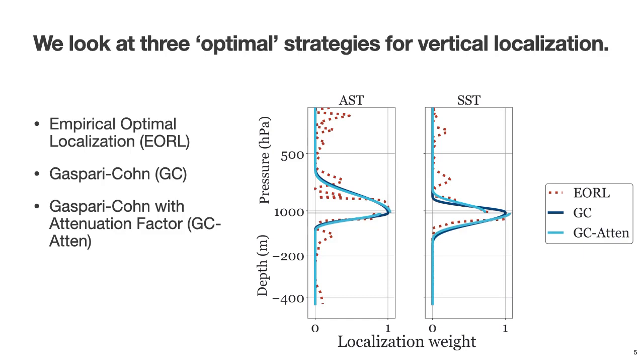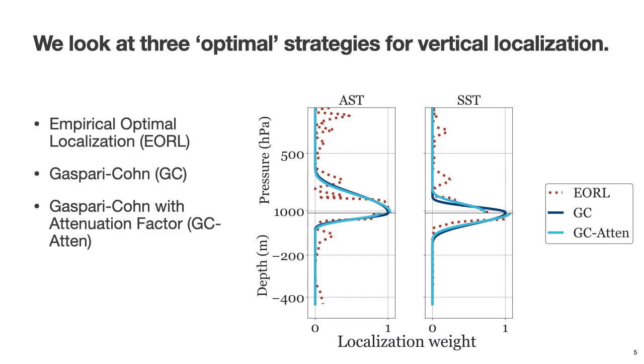These are the 3 optimal localization strategies that we're looking at, and I will show you errors on the next slide, except that I'm not actually going to show error. I'm going to show percent improvement over persistence. I'm not working in a cycling system here, just a single update. So for me, persistence means no change between the background state and the analysis. The analysis is just equal to the background state.